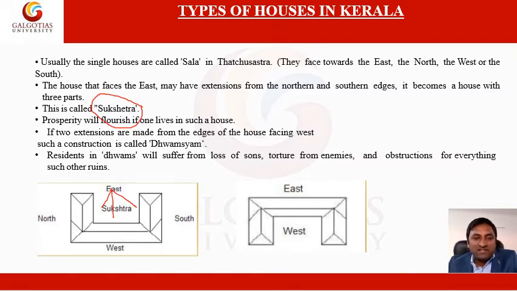If two extensions are made from the edges of a house facing west, the construction is called Dhanyanashtam. The residents will suffer from loss. If there is an opening towards the west and walls towards east, north, and south, the residents will suffer loss of sun, torture from enemies, and obstruction from the area. So basically, they want to say that an opening towards the east should be preferred by all inhabitants.